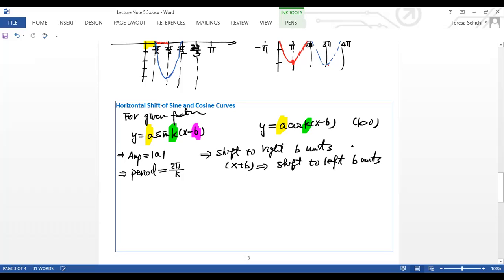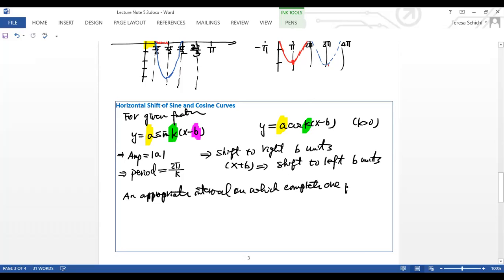Because right now we involve the period, the shift, and the amplitude, we know the period is shrunk to 2 pi over k or stretched to 2 pi over k. So now we find an appropriate interval on which the graph completes one cycle, one period.